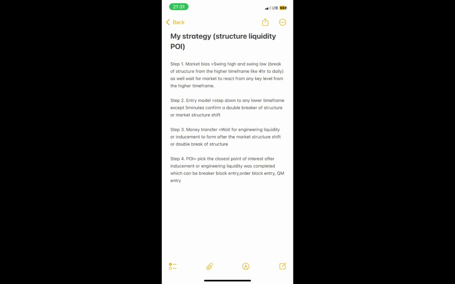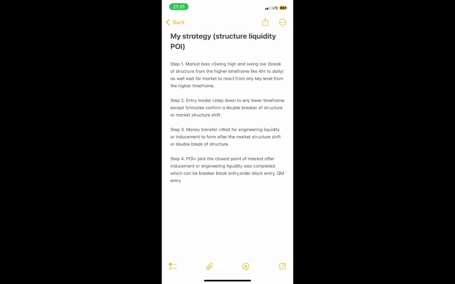So if I go to any pair, all I need to wait for is my swing high to form and my swing low to form. After that, I'll confirm where the current break in market structure occurs. After confirming where the current break in market structure occurs, what am I going to be waiting for next?